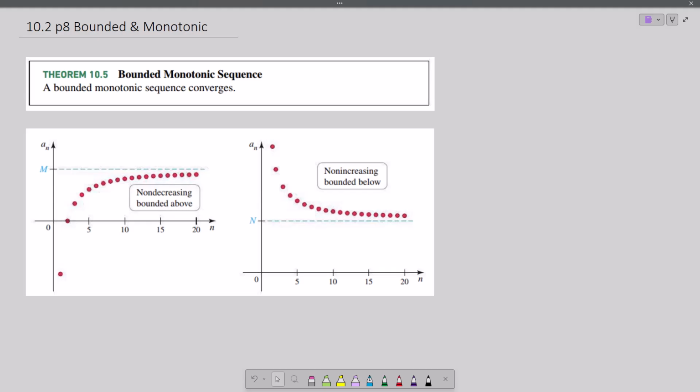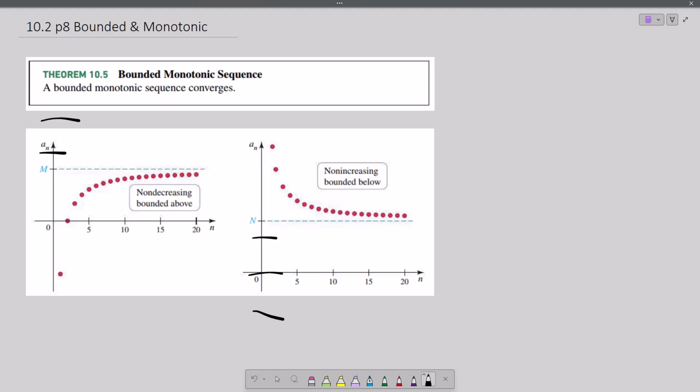Now, one important thing to understand is that there's an infinite number of bounds if there is a bound. This number right here is an upper bound. This number right there is an upper bound. This number right here is a lower bound. That's a lower bound. That's a lower bound. So if a sequence is bounded below, it's bounded below by an infinite number of numbers. Getting the sequence bound that is the tightest, the one that's closest, that one is the limit.